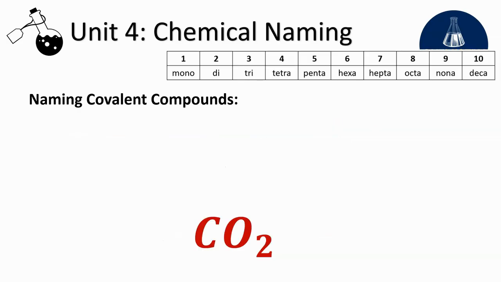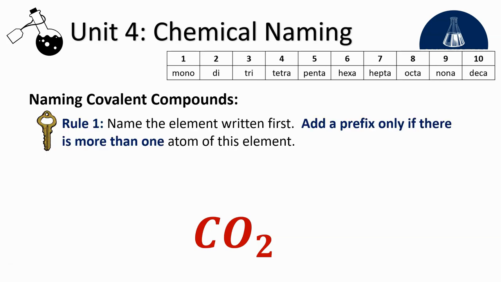So let's get to the actual naming rules. I've got our prefixes at the top of the video screen, and we're going to work through the naming process for CO2. There are 2 rules to follow. The first rule when naming a covalent compound is to name the element that is written first. So literally left to right, like you read a sentence, the element written first here is C. If we're putting together the name of this compound, I will simply write the name of the element.